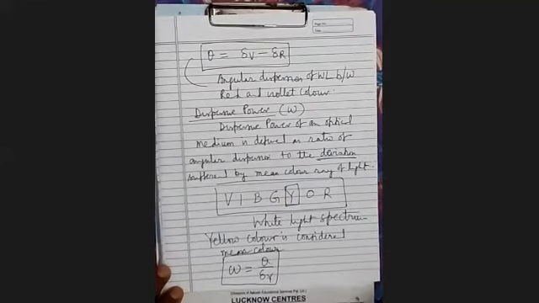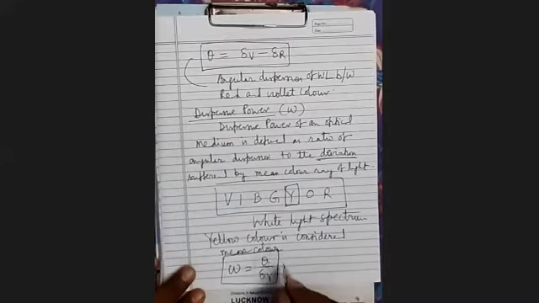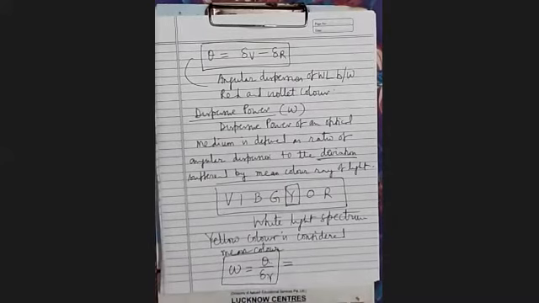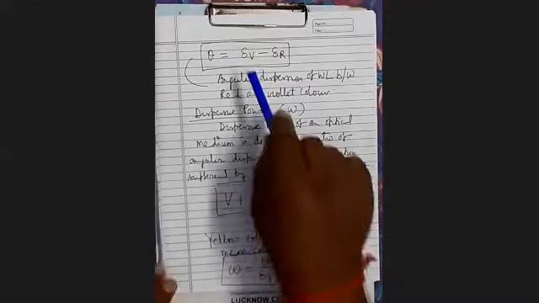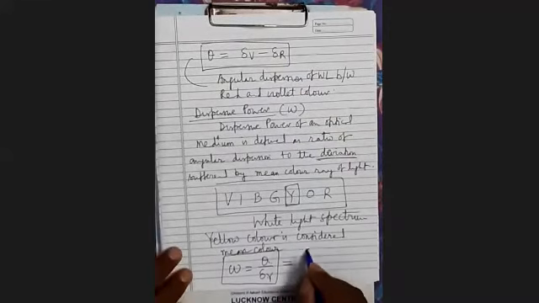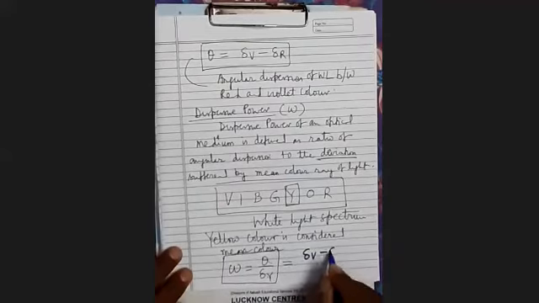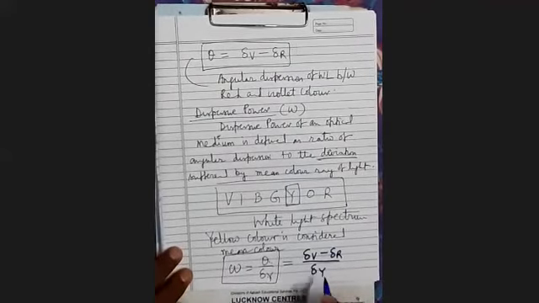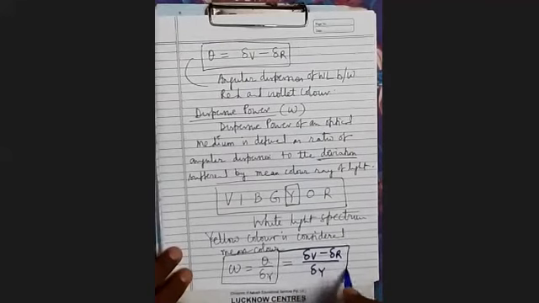Now you can also write this in this way: as you know, theta equals del V minus del R. So it is del V minus del R upon del Y. This is the formula of the dispersive power.